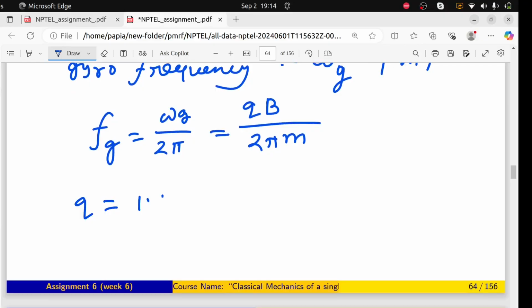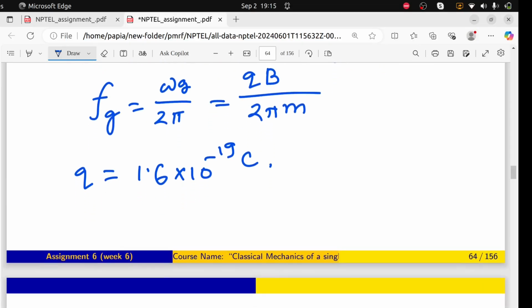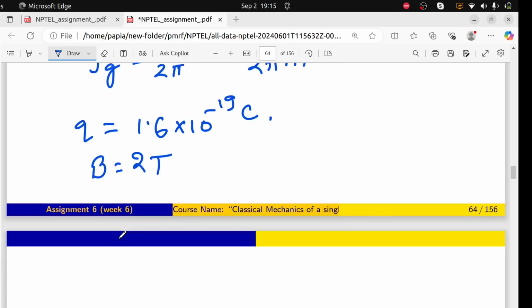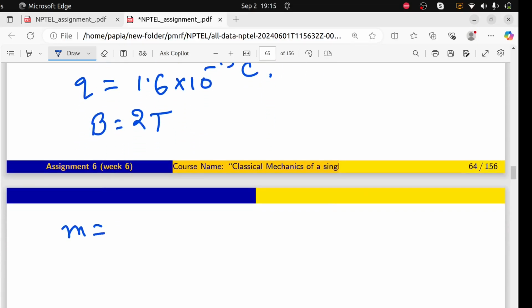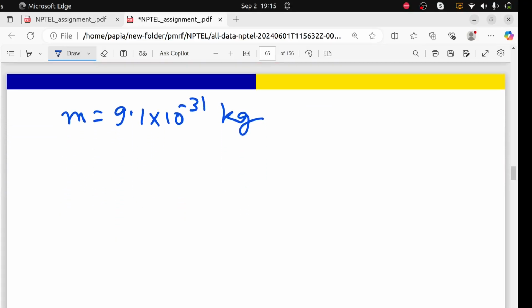q is given as 1.6 into 10 to the power minus 19 coulomb. B is given 2 Tesla. m is given 9.1 into 10 to the power minus 31 kg. Now what is gyro frequency?